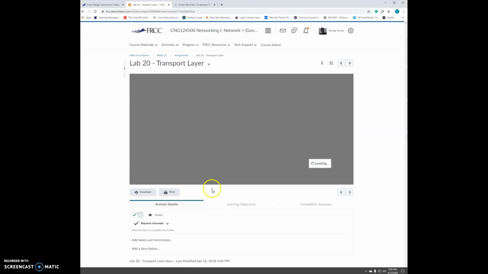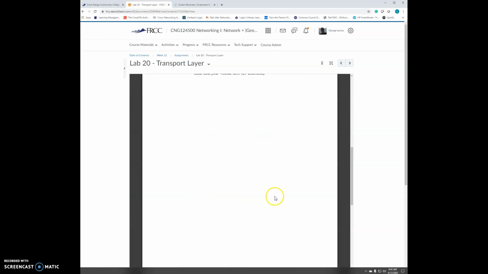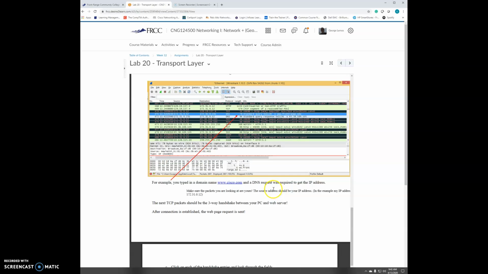Lab 20, we look at the transport layer. So it's another walkthrough lab where I believe we're using Wireshark again. You're going to track, once again, the data you see traveling across your network and look at it through Wireshark. So this is my example.